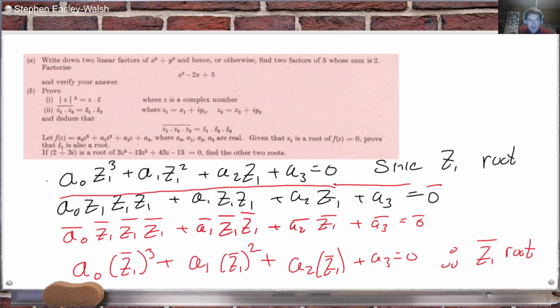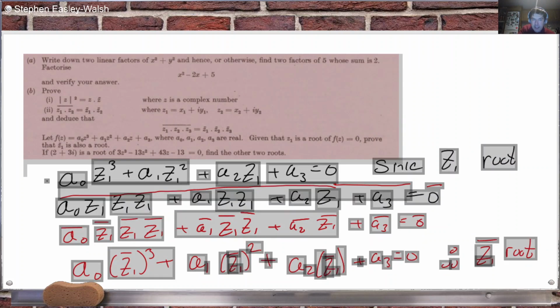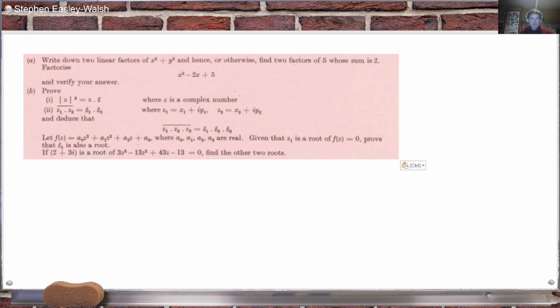Okay. Right. And then lastly, you're given one root and you want the other two roots. So you know that the roots occur in conjugate pairs. So that means 2 minus 3i is a root.